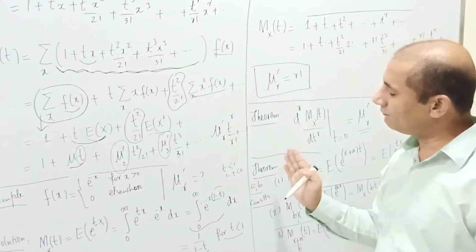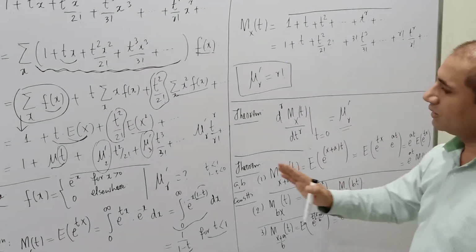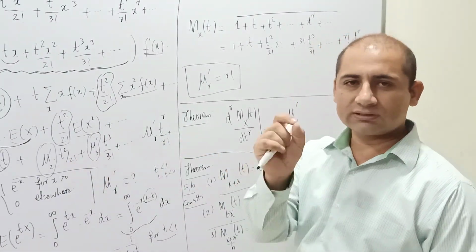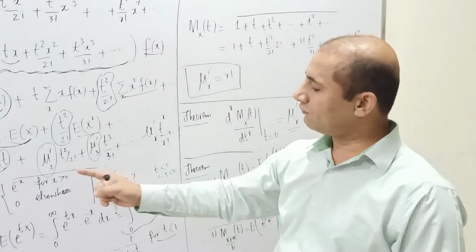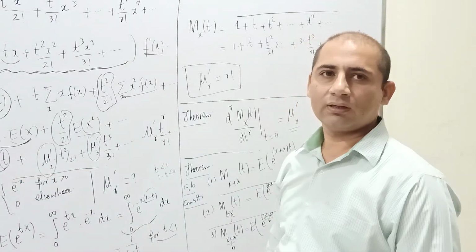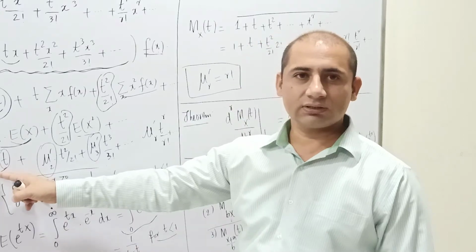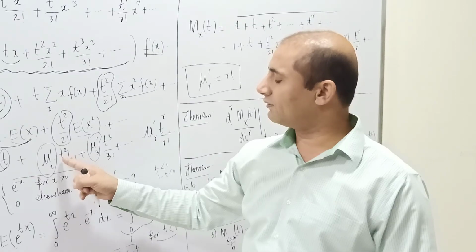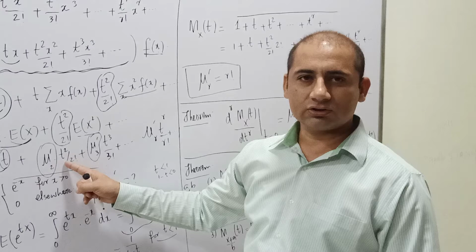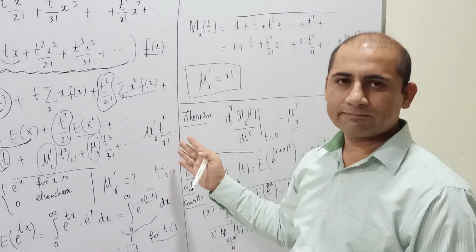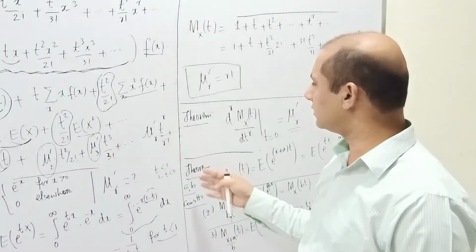So when I put the value of t equal to 0, all these terms and the remainder terms will vanish because t is 0, and I'll be left with what? Simply mu. If I take two derivatives, both these terms will vanish, and this term will have only a constant, and all these terms will be involving t. And when t equals 0, all these terms will vanish.